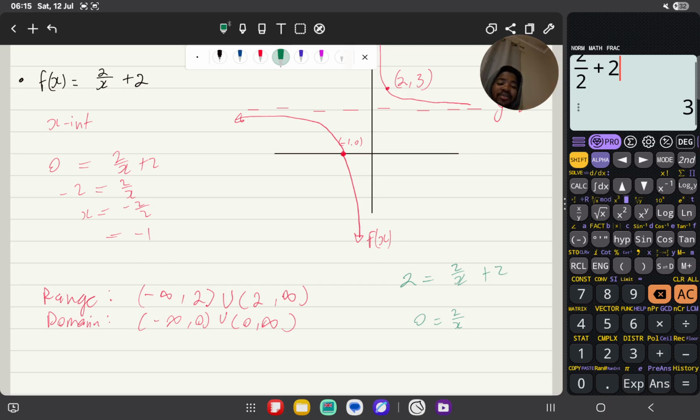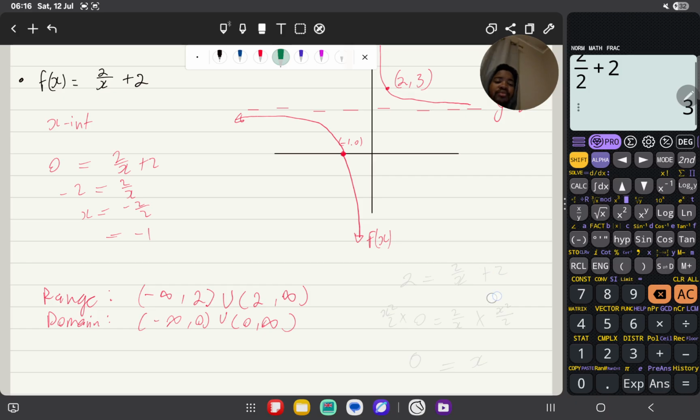And if you try to make x 0, you multiply by x squared over 2, just to get rid of this x and still have x on the side. This side you're going to have 0, this side the 2, and the x you're going to have x. If x is 0, math error. So that's the whole idea with these asymptote things.